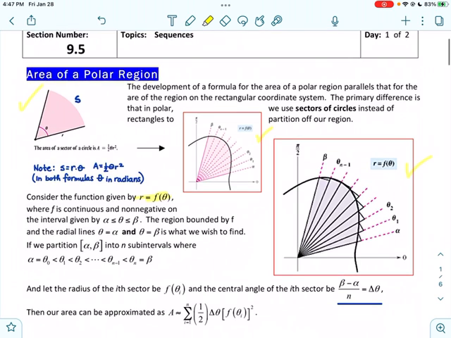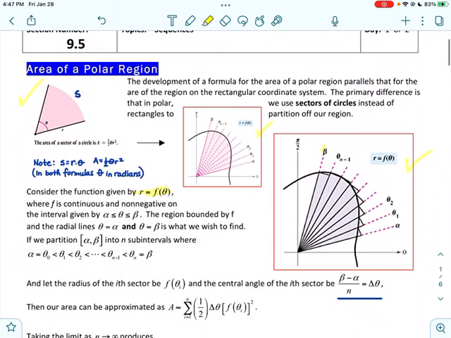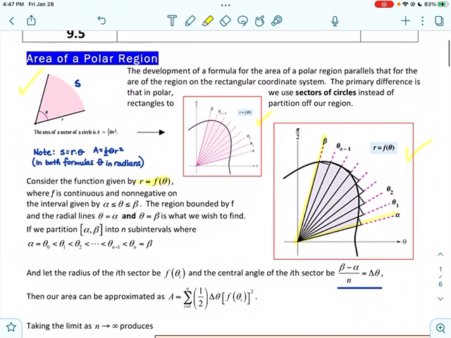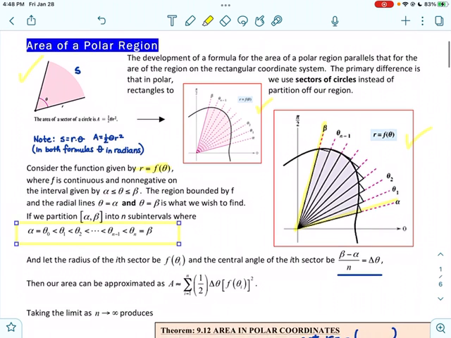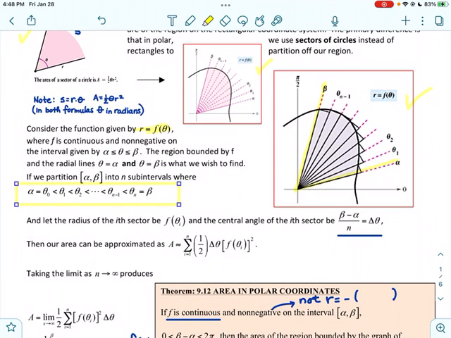So the region bounded by alpha and beta, you can see highlighted here: there's alpha, and then beta is above it, going counterclockwise. If we partition alpha to beta into n subintervals, where you see theta sub 0, theta sub 1, theta sub 2, then we let the radius of the ith sector be f of theta sub i, and the central angle of the ith sector be beta minus alpha over n.